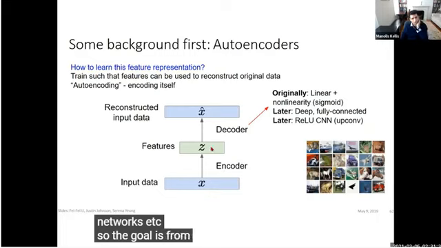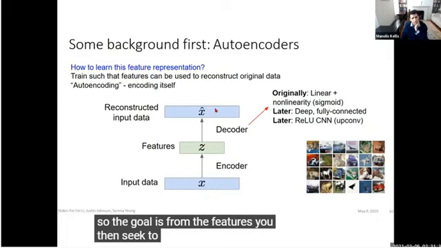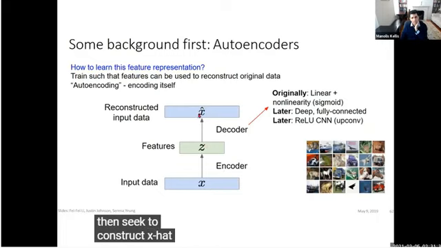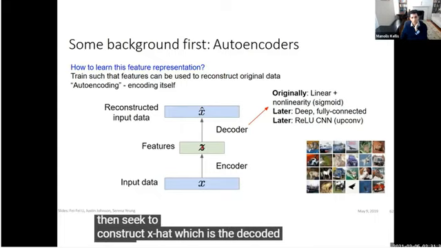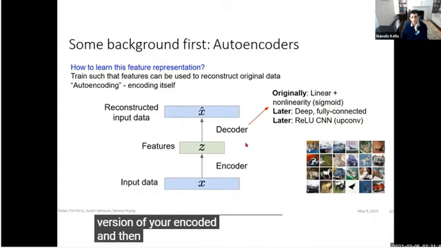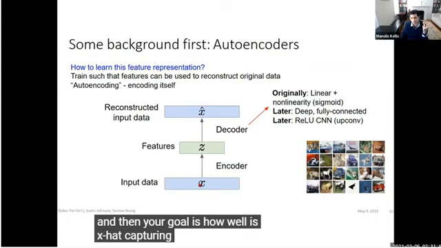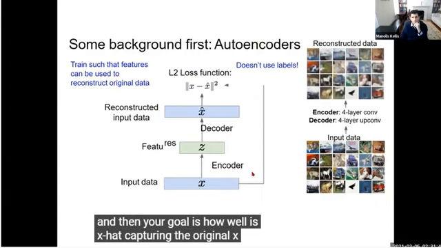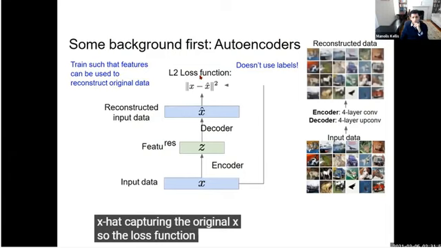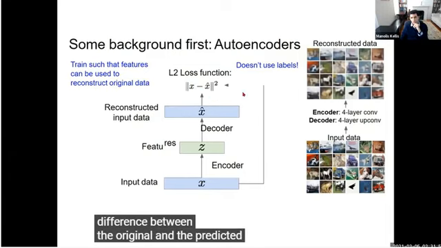So the goal is, from the features, you then seek to construct X hat, which is the decoded version of your encoded input. And then the question is how well X hat captures the original X. So the loss function is simply the difference between the original and the predicted.